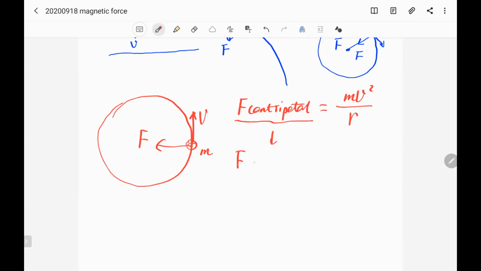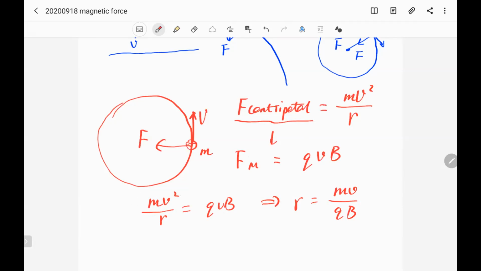So we have the magnetic force. This is equal to q times the velocity times the magnetic field. So these two forces should be equivalent. So we just establish a relation: mv squared over r equals qvB. Then we can solve the radius. The radius will be equal to mv over qB.